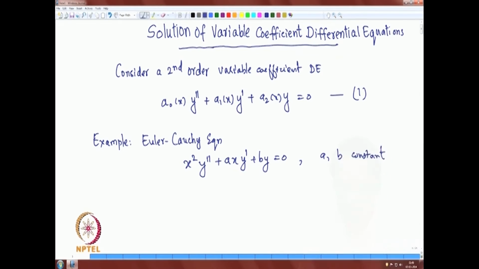This equation, though it is a variable coefficient, is in a nice form. It can be reduced into a constant coefficient differential equation just by applying some transformation.